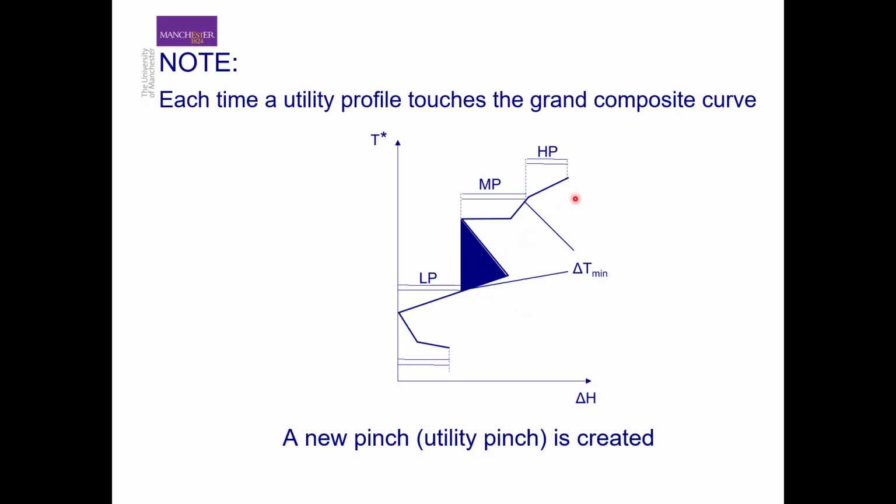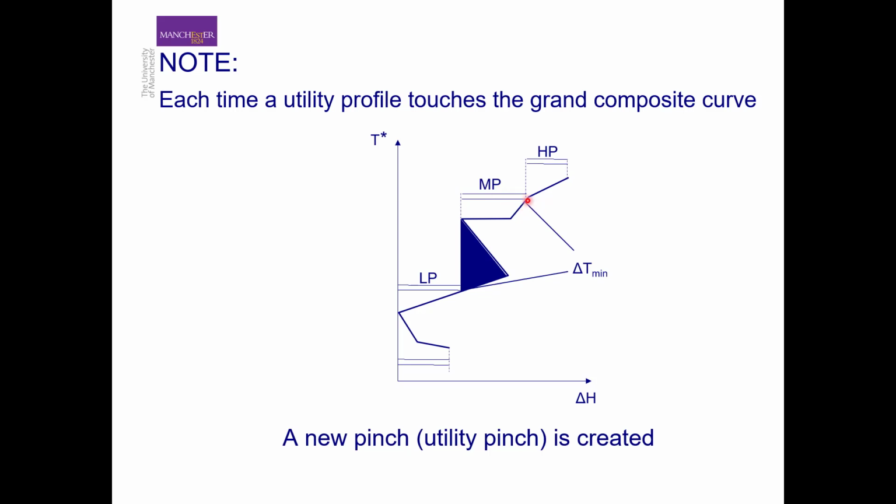We have this grand composite curve, and we are supplying different utilities to satisfy the heating requirement of this process. We notice here that at the point where this MP steam or this LP steam touches the grand composite curve, the delta T min seems to be 0. It seems there is no temperature driving force between the MP steam and the cold streams that need the heat.